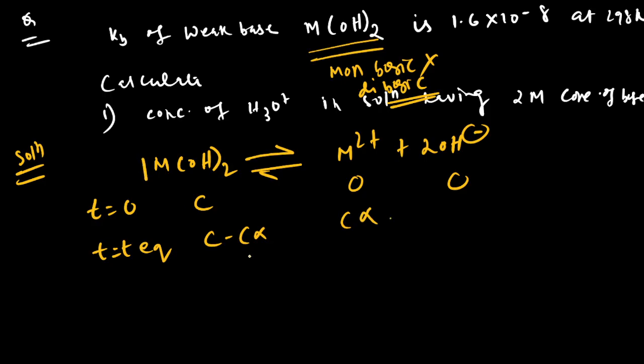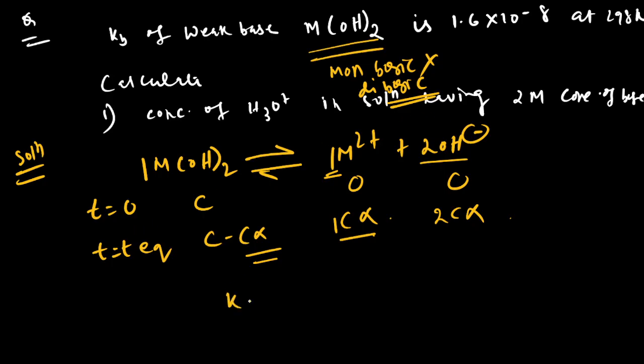So for 1 mole, C alpha is consumed, then for 1 mole C alpha will form, and for 2 moles 2C alpha will form. What is the mole ratio given? According to that we have to write. So for 2 moles, 2C alpha will form. These things I already explained. Now they ask to calculate the concentration of H3O plus.